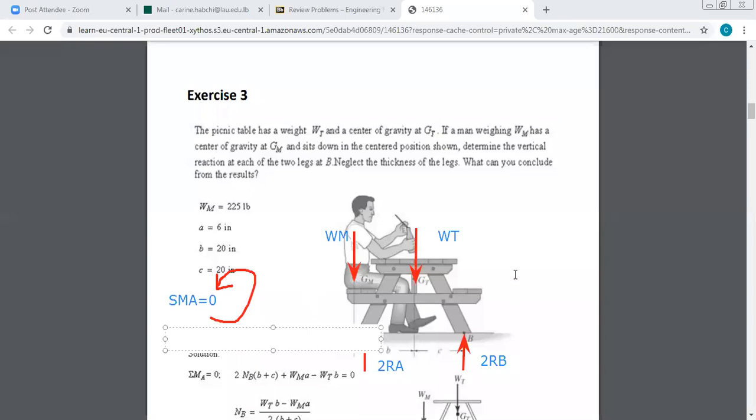The reaction at B is doing a positive moment, turning in the counterclockwise direction, and I should multiply by the distance, which is B plus C. So I have 2RB times (B plus C).